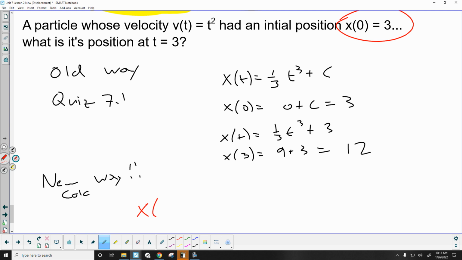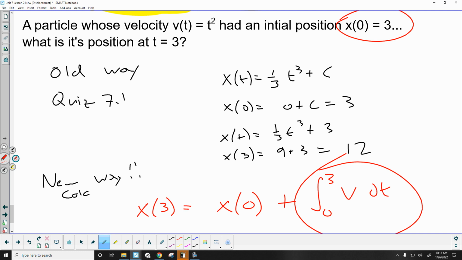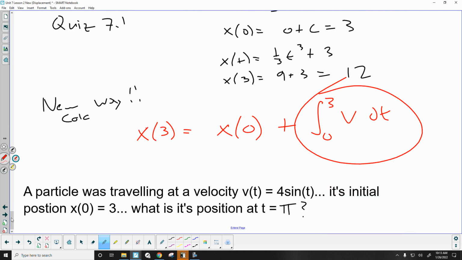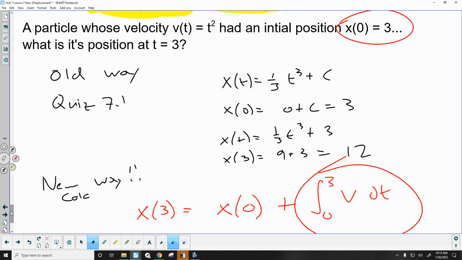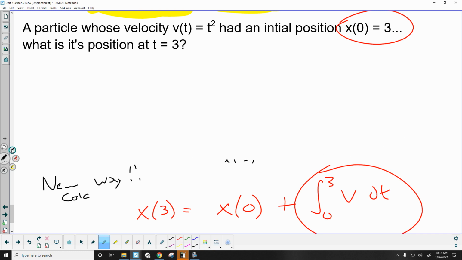I don't know what x of 3 is. I do know what x of 0 is, and my calculator can quickly and easily find my displacement, the area under my velocity. That's it. Where does this come from? This comes from our formula, from the way I introduced this whole concept of displacement, how there are 2 ways to find displacement.